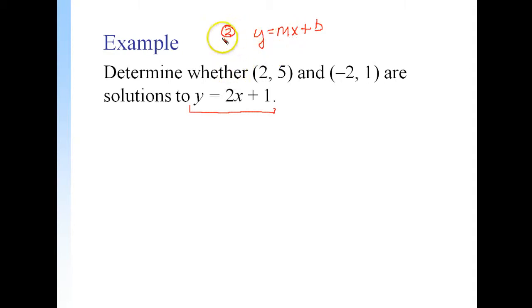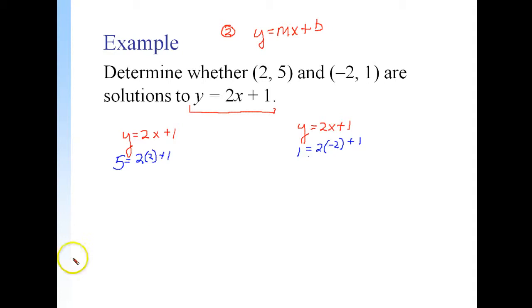Now, what we want to do here is to determine whether these points are in this equation, and that is, make this equation true. So you might say, how do we do it? Well, we do some substitution. Here is our equation. So what we do is we substitute into our equation the x value, which is 2 here, and the y value, which is 5, which I've done here.